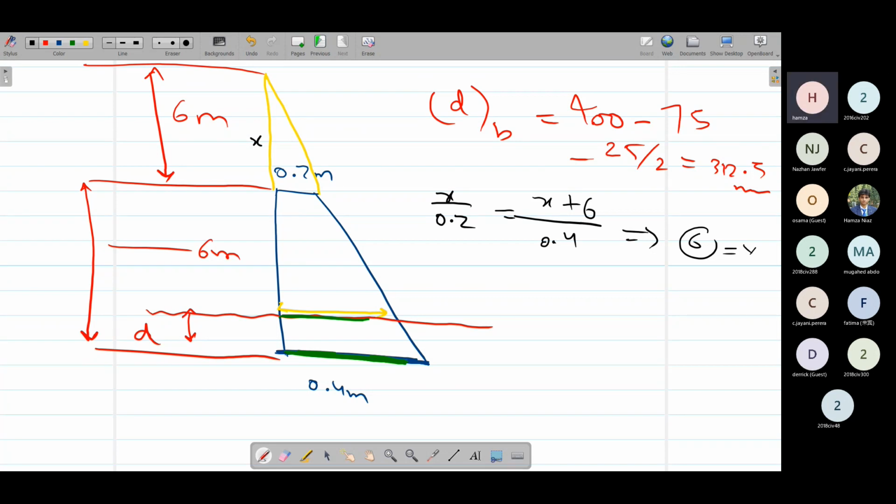Okay, so after we calculated this x value, now we have to determine this value. We can name this the y value. Again, we are going to use similar triangles. For example, y over this black triangle.